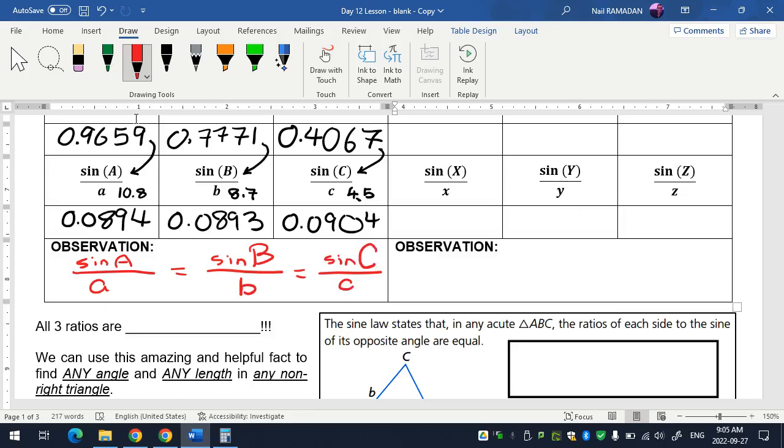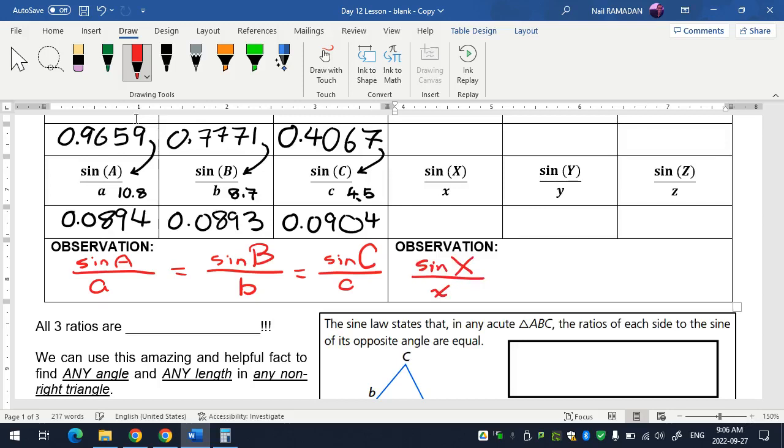What do you think the observation is going to be in the second one without even doing the checking work? How would you fill this one now? Right here, without even doing the checking work that you still have to do here and here. What do you know is going to happen at the end no matter what? Exactly. So sine x over x.